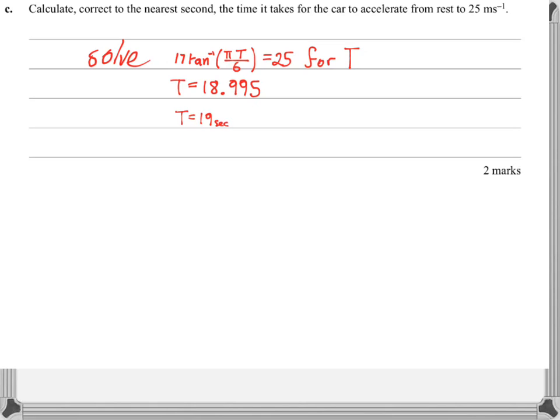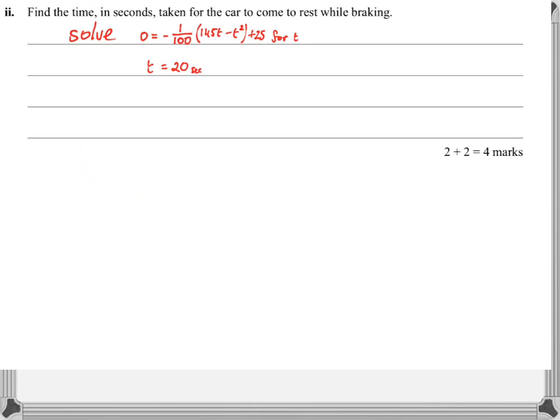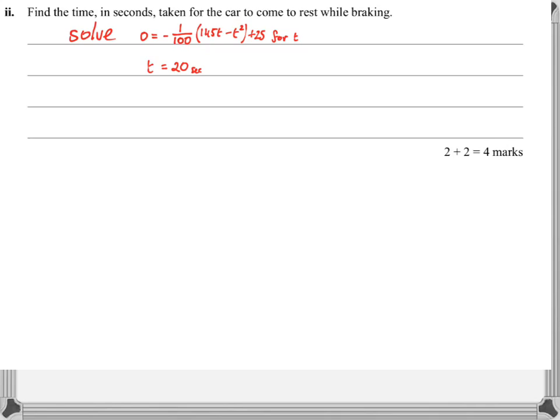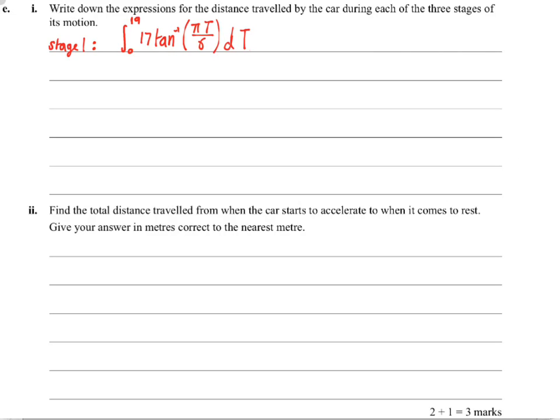That's the only amount of accelerating the car does, and we get t equals 19, so we've used that. So that's stage 1. Distance is the integral of the velocity function, and we want to do that from 0 to 19 seconds to get the distance travelled.